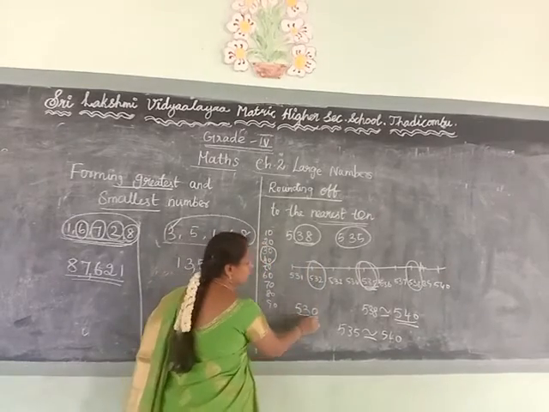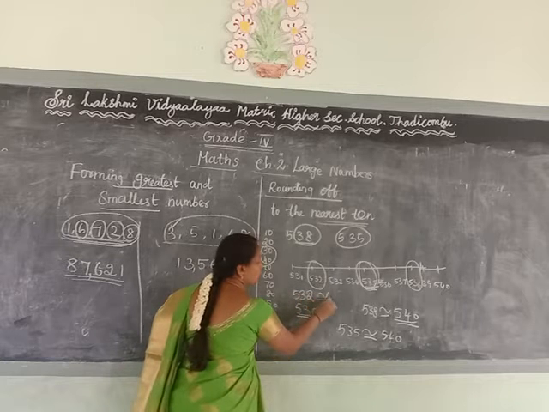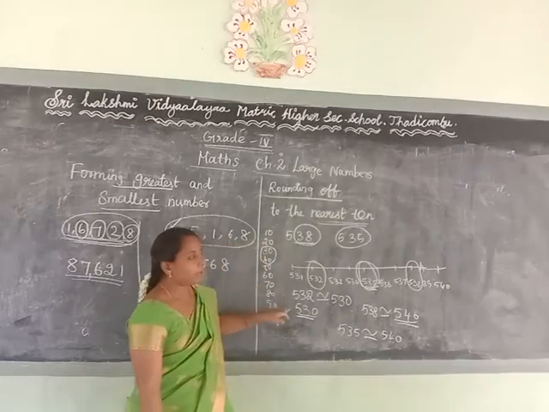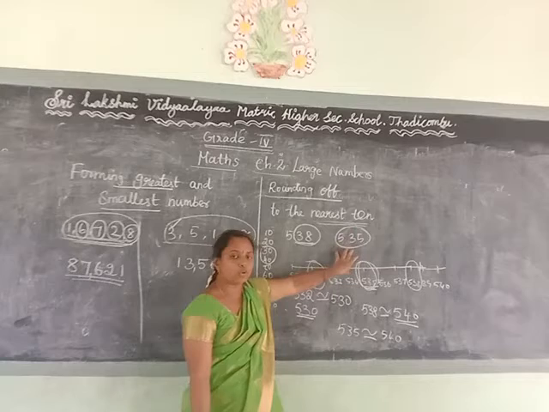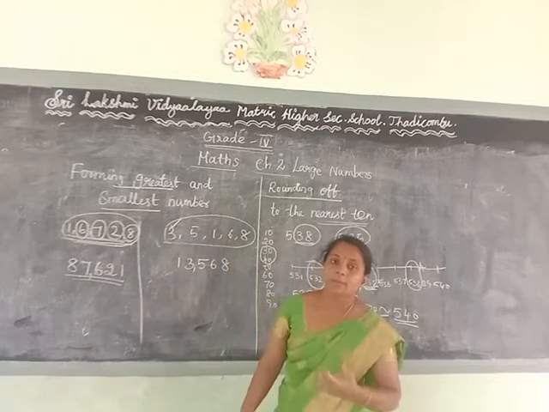So we should say 530. 532 is closer to 530. Clear now? So the same rules apply for hundreds and for thousands. Yes. So next we are going to see the international place value system. So students, see here. Now we are going to learn the international place value system.